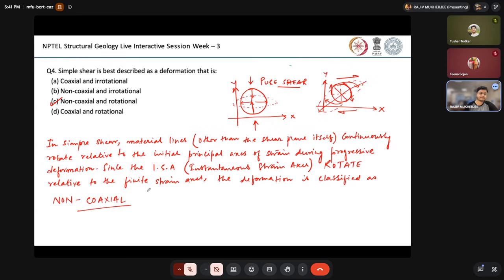Okay, because it involves internal non-rigid rotation component.